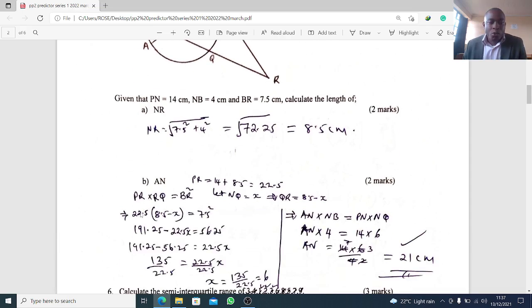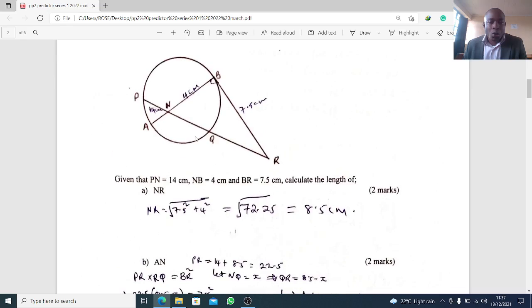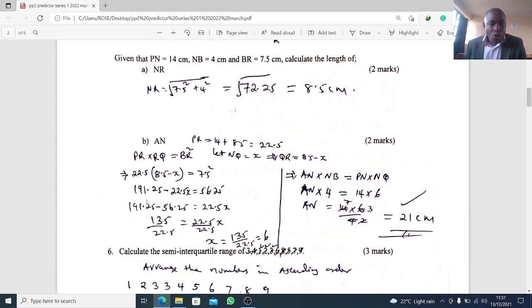So we shall be having 22.5 into QR. To get QR, it is the whole line NR, which we know as 8.5, minus X, which I let NQ be. So 22.5 into 8.5 minus X gives you BR squared, which is 7.5 squared.